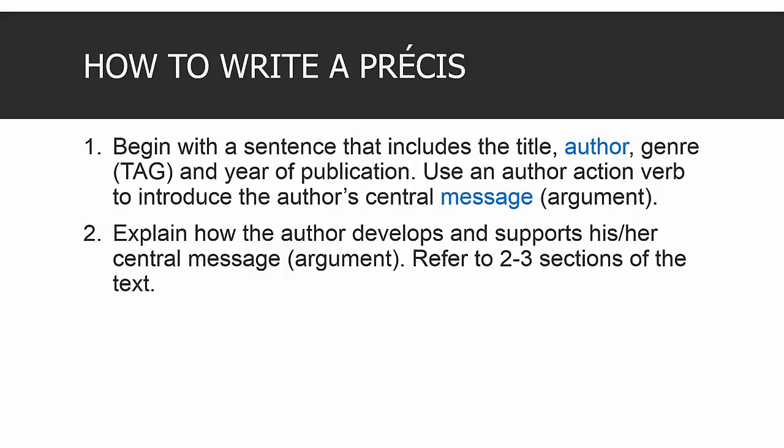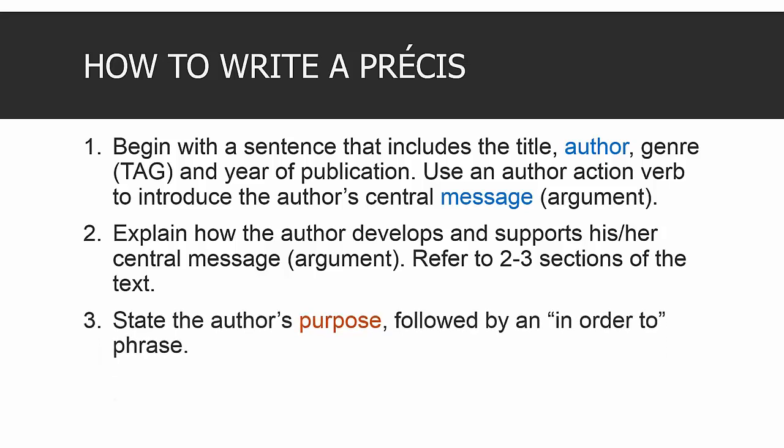On the left-hand side, you have your fast reading annotations, and then on the right-hand side, you have your close reading annotations, and that is a description of how the author, the writer, did the what. So you use that information for the second part of the Precis.